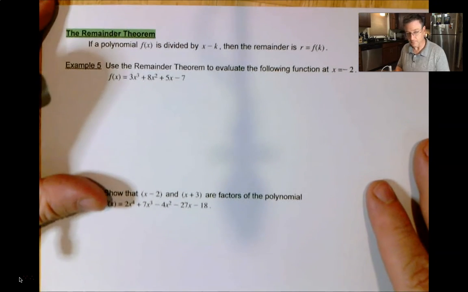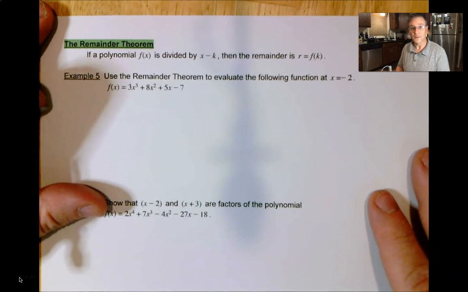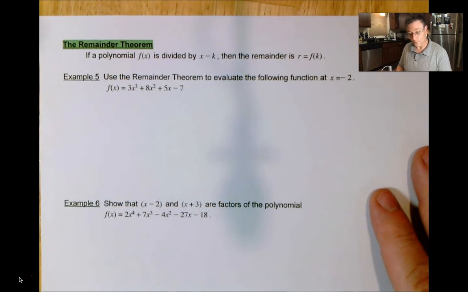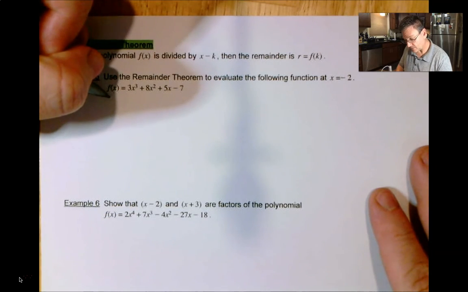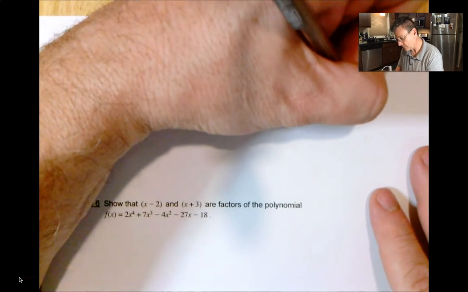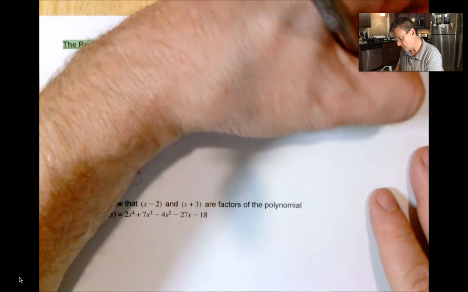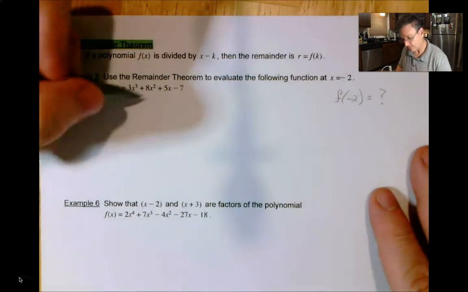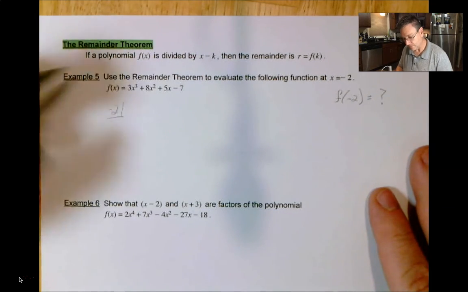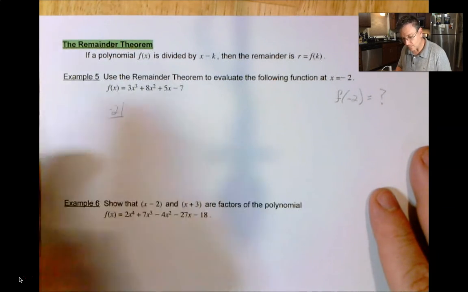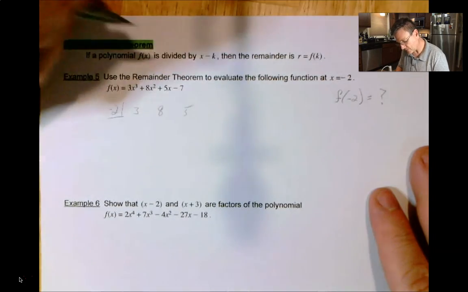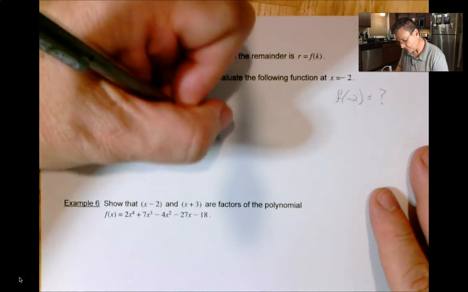So we're going to use the remainder theorem to evaluate the following function at x equals negative 2. In other words, we're going to find f of negative 2. F of negative 2 equals some question mark. Use synthetic division to do it. So we're going to put negative 2 into the box. 3, 2, 1, 0. We don't need any placeholders. So 3, 8, 5, negative 7.